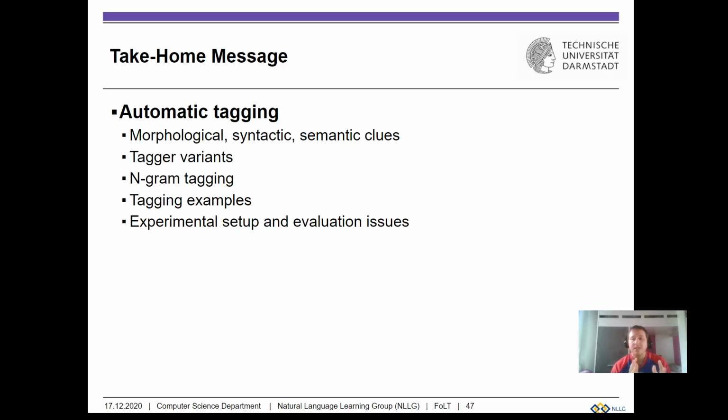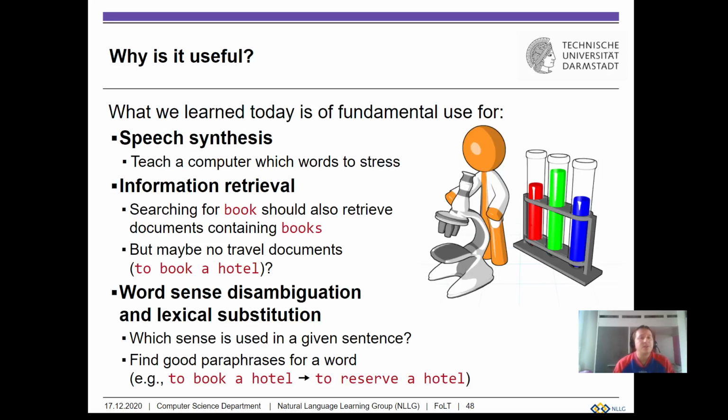We have seen that more complex taggers do not always work better, and if you use the tagging paradigm that we've introduced, you need to do something which we call backoff, and it's useful because it's relevant in many different applications.